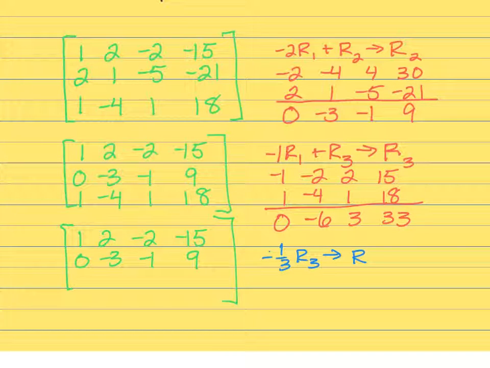So I'm just multiplying this by negative 1/3, right? Dividing everything by negative 3. And when I do that, 0, 2, negative 1, negative 11, right? And so that just makes it easier.